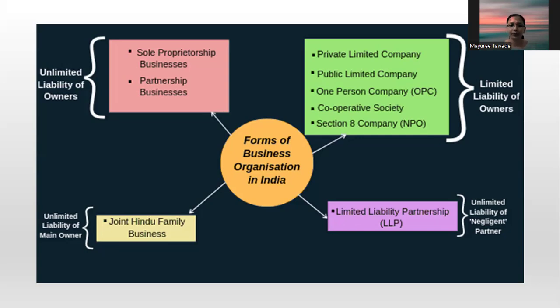Then comes the joint Hindu family business, which falls under unlimited liability of the main owner. The main owner is called the Karta, and the other members are called co-partners. In this case, with unlimited liability of the main owner in a joint Hindu family business, the taxation again differs.